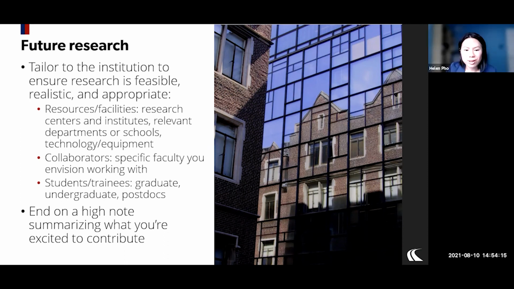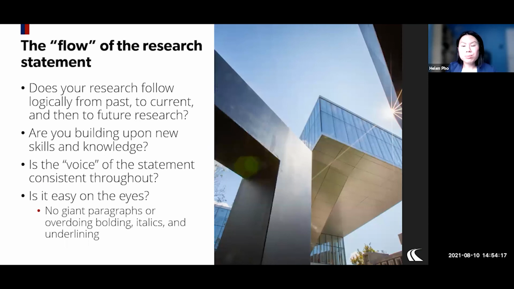Okay, perfect. Thank you. I'm going to talk really briefly about the flow of a research statement. As you put together your research statement and read over it, the question of flow is important to think about.